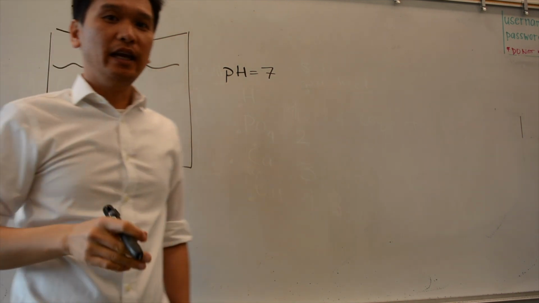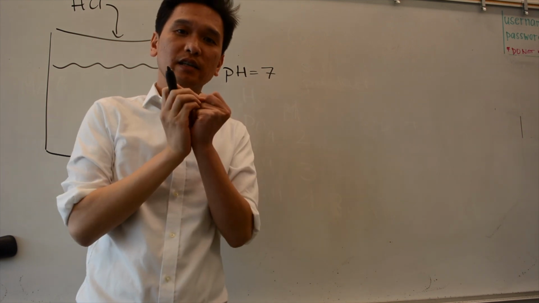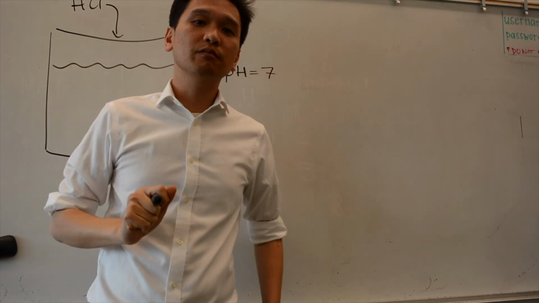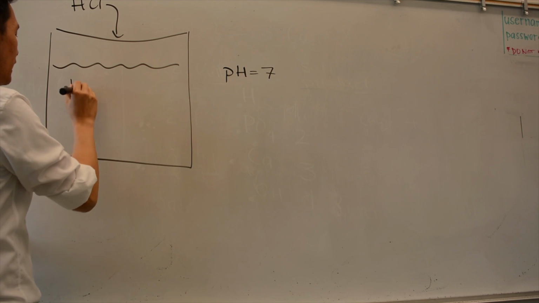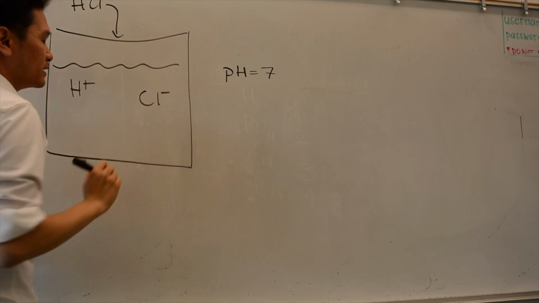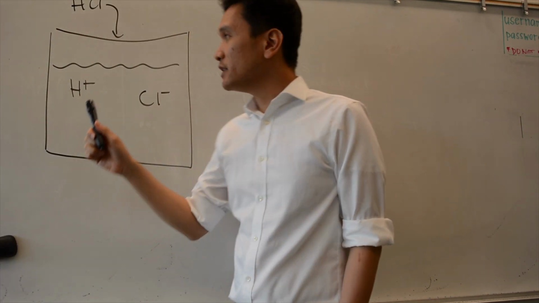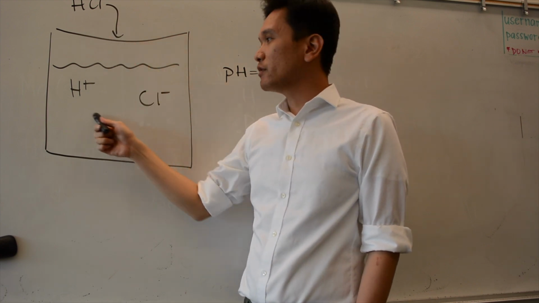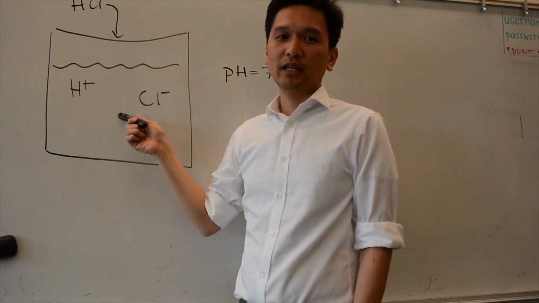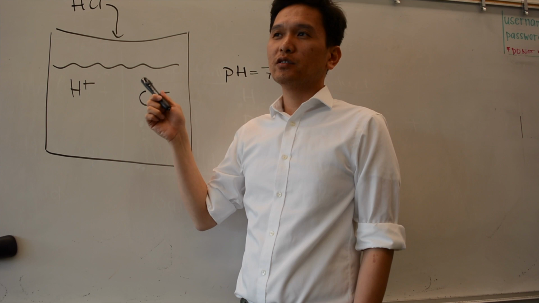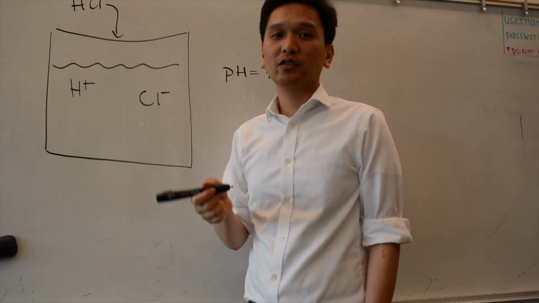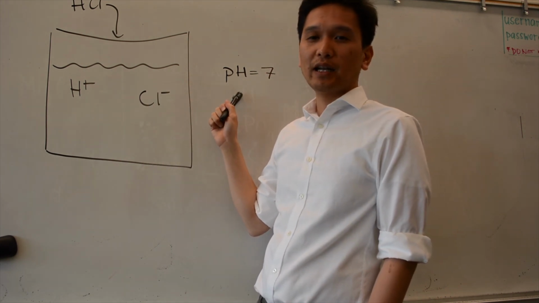As soon as you add HCl, remember HCl is a strong acid, so it will dissociate completely, giving you H plus and Cl minus. Because you have added HCl into water, you have generated a lot of H pluses, meaning your solution would now become more acidic. So your pH will then decrease dramatically.